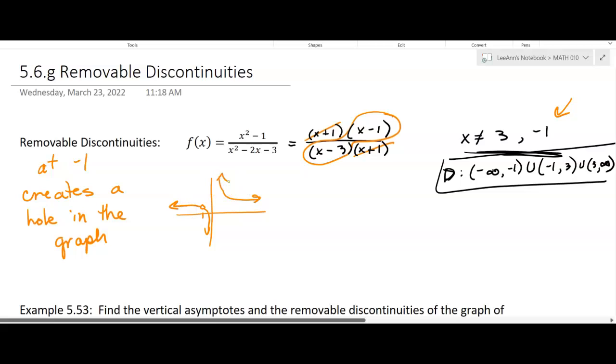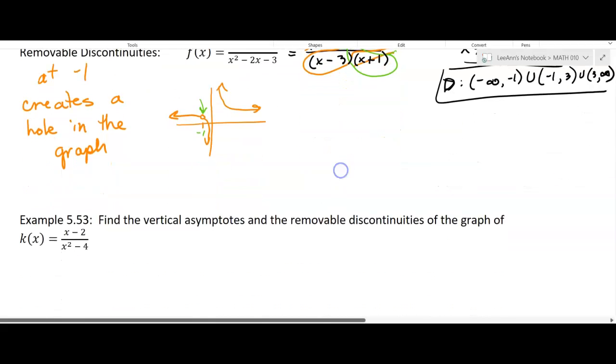It has asymptotes and stuff, but it's the hole in the graph. So it's right there. And it's because these canceled out. That's what creates the removable discontinuity. So -1 isn't part of the domain. It's not defined there, but it creates a hole in the graph.